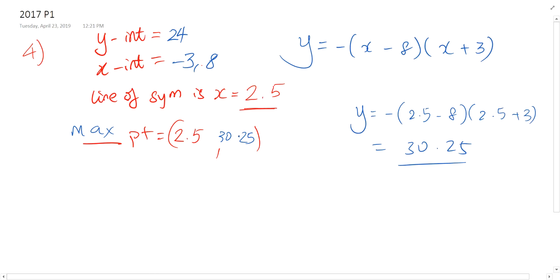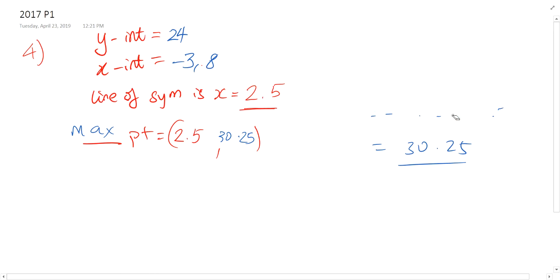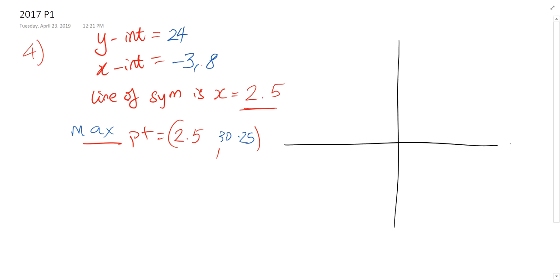Then with the axes given to us, x and y, I know that the line of symmetry is 2.5 over here, with the coordinate 30.25.